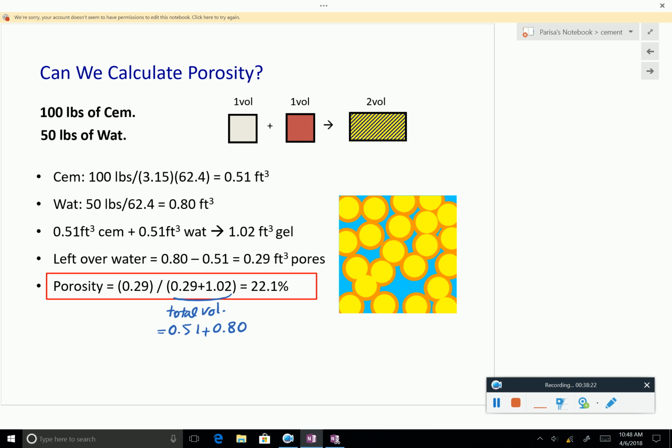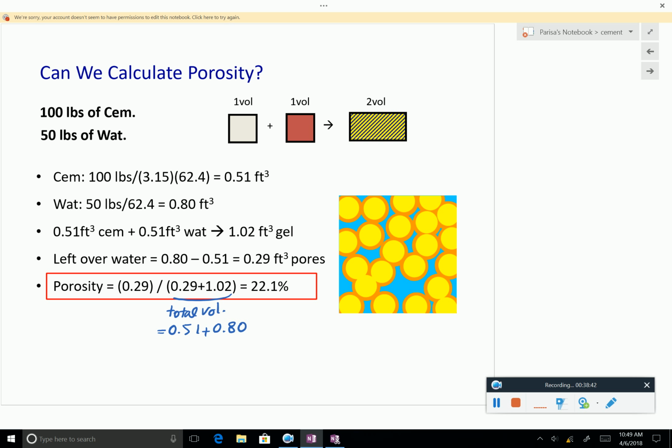One thing that I have to mention here is that this 100 pounds of cement and 50 pounds of water is arbitrary. You could have assumed 1,000 and 500. So if you know the water to cement ratio, just assume something so you can work with the numbers.